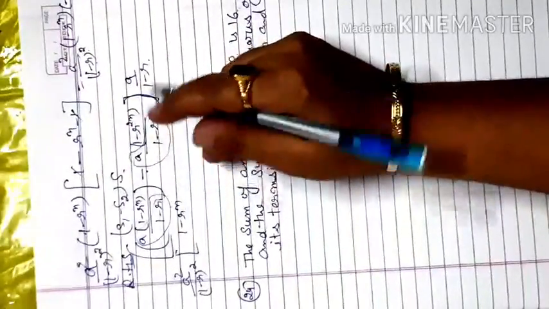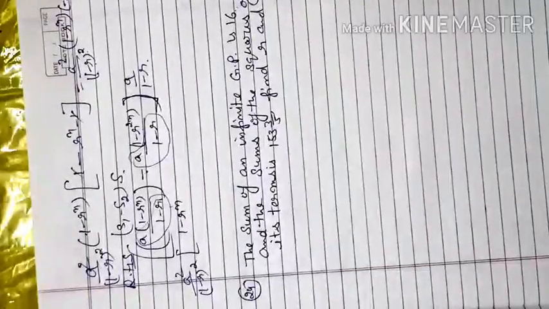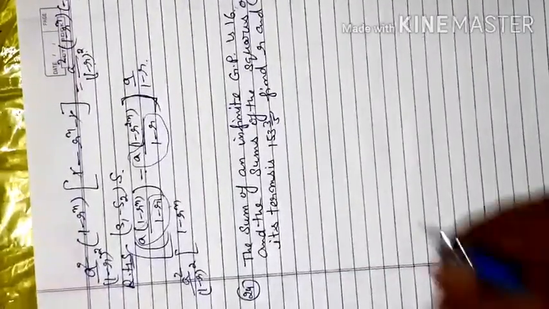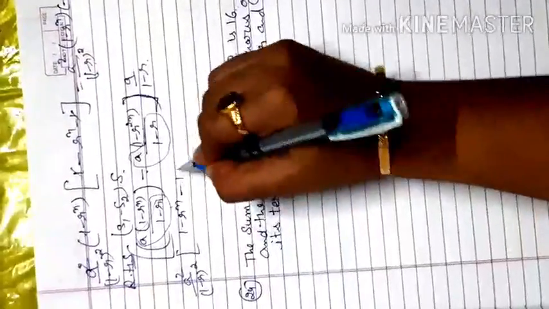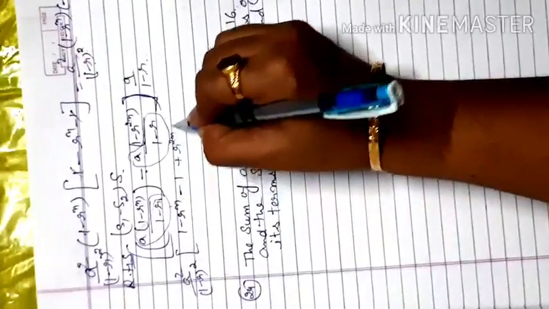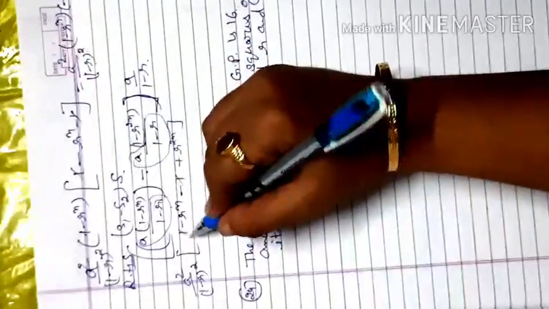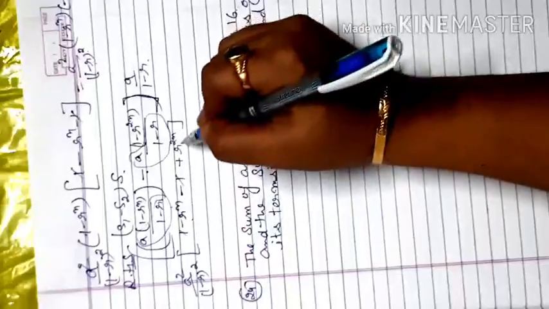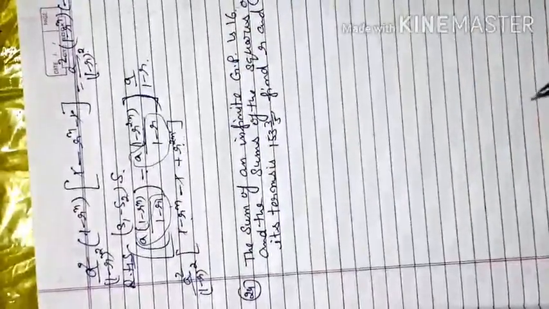I am going to directly open the bracket here. If you directly open the bracket, that will give you minus 1 plus r raised to power 2n. 1 will be cancelled. So what is left? Minus r^n and r raised to power 2n.